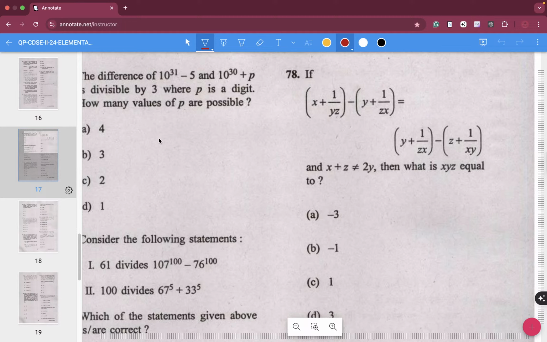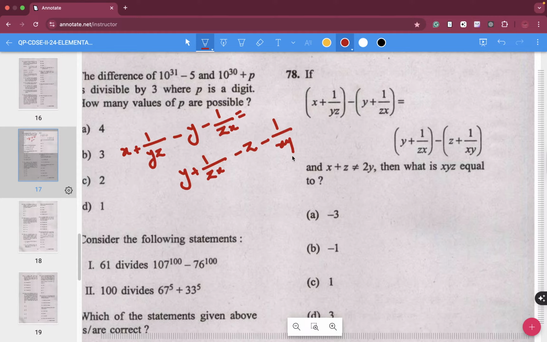On the left hand side we have x plus 1 by yz minus y minus zx. I'm just getting rid of the brackets. This is equal to y plus 1 by zx minus z minus 1 by xy.